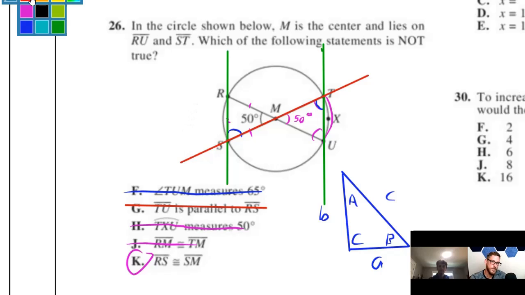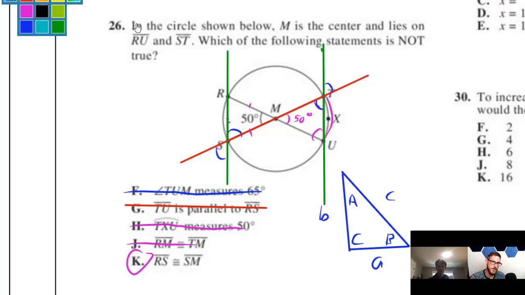Mm-hmm. And they're congruent too. So you mean we could say this angle and this angle are alternate exterior. Is that what you were saying? Yeah, but then also the angle of the green and red line next to it too. Right, the one below.